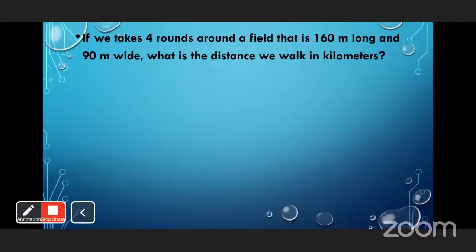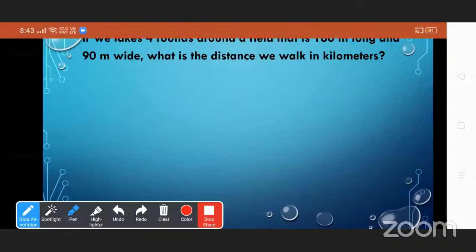So first of all, we draw this shape. Okay. That is given here. Length is 100 meter. Okay. And breadth is here 90 meter wide. Okay.